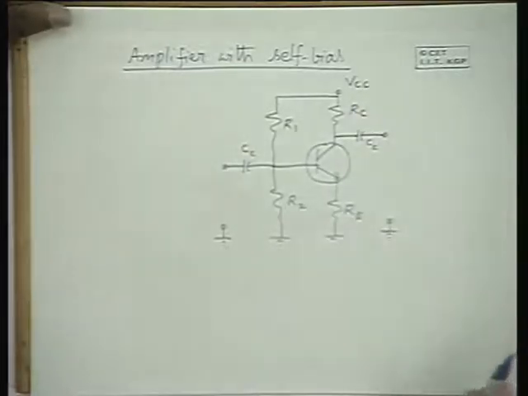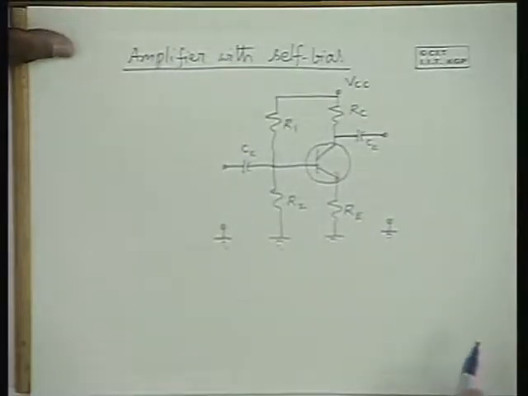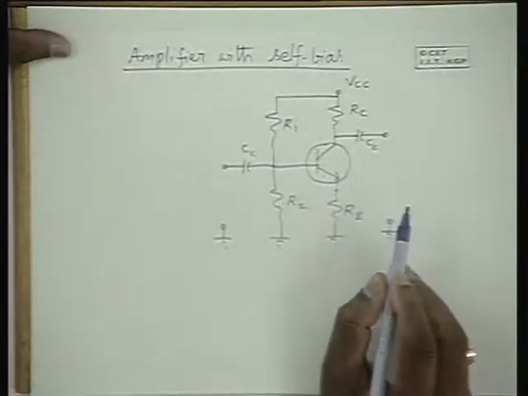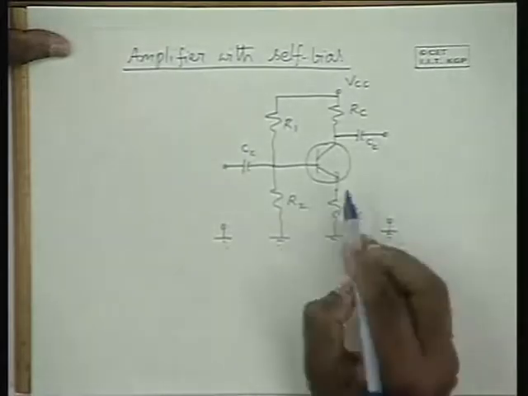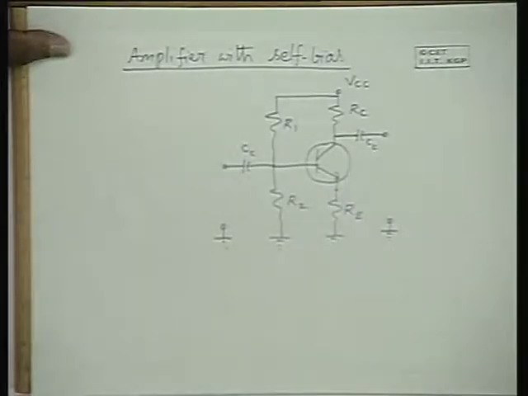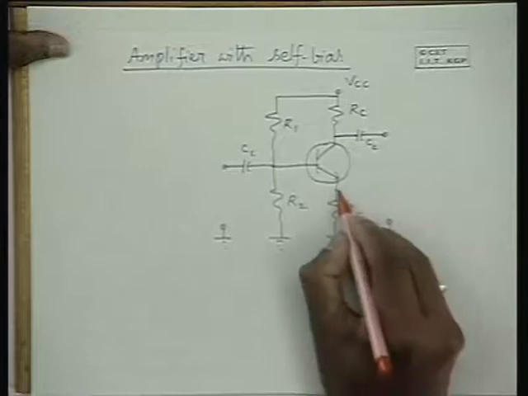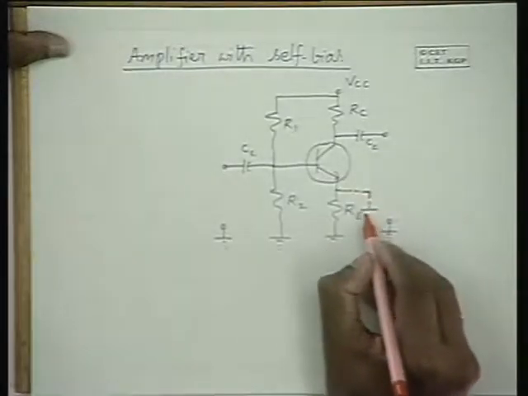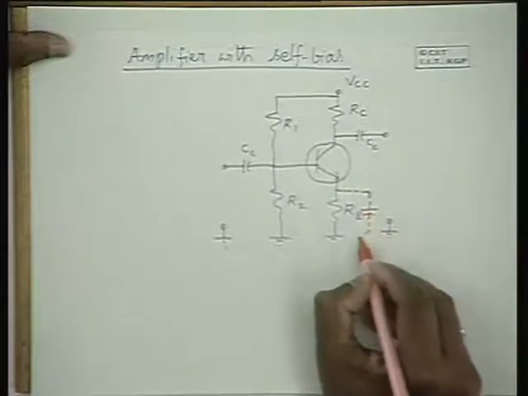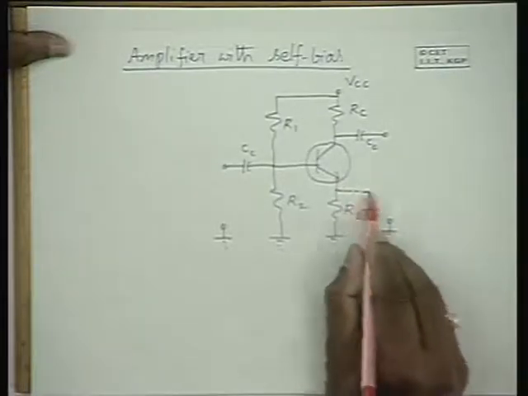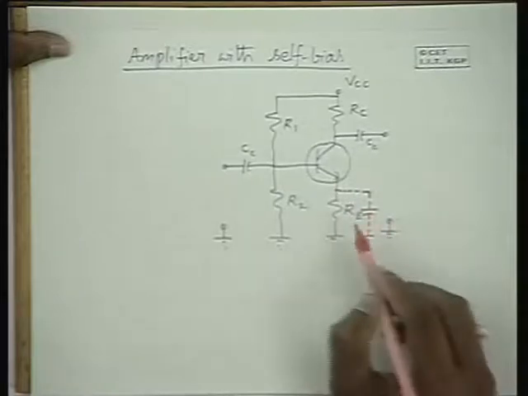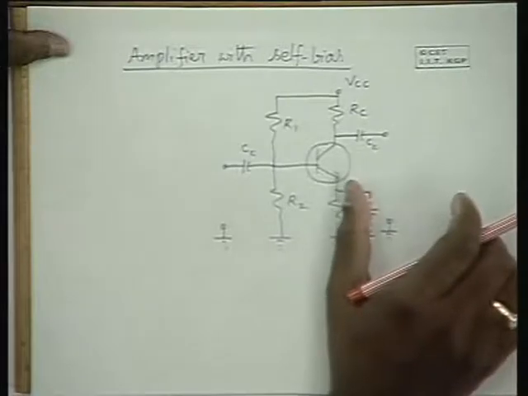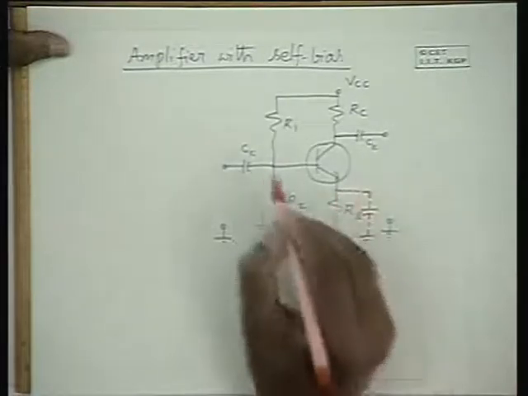This is the amplifier circuit with self bias. The typical circuit which we use for amplification involves a bypass capacitance here. So let us first analyze the circuit without the capacitance, and then I'll explain why this capacitance is required. For the time being, you treat that the capacitor is not there.